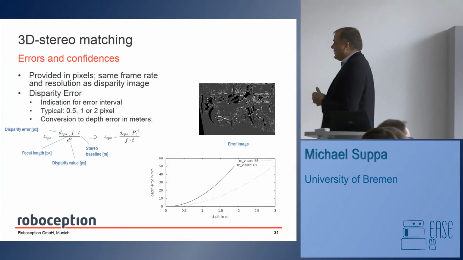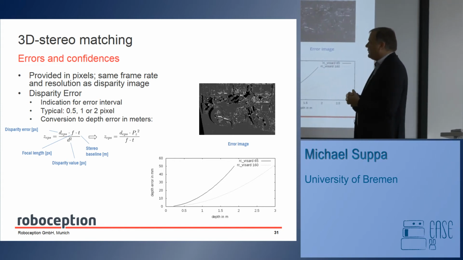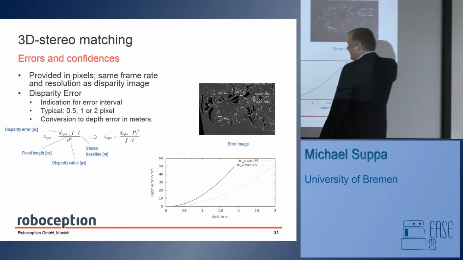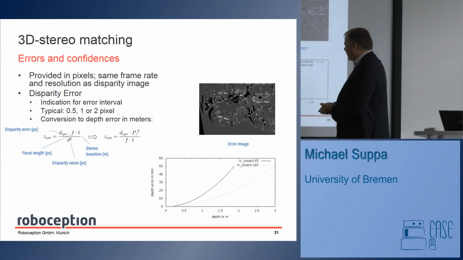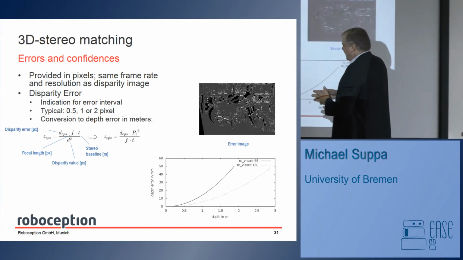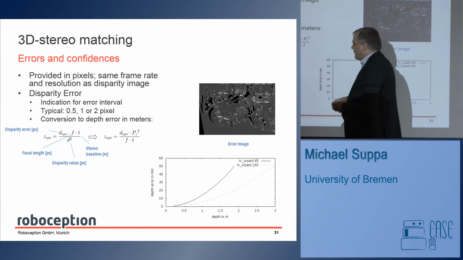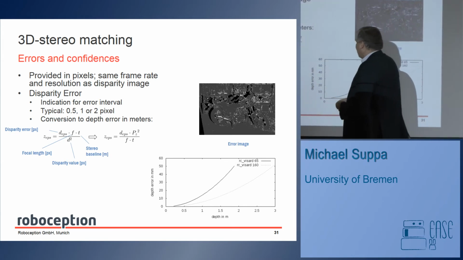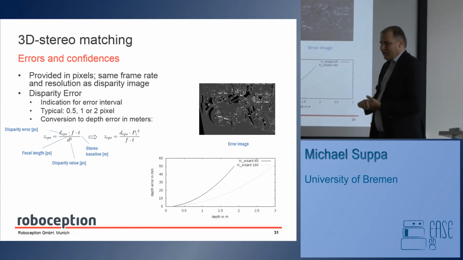The error, if you have a stereo system, goes up quadratically: the further you are away, the more the error goes up. The formula depends on the baseline. You have the disparity value and the focal length, and you see that it's quadratic over the measurement distance, and this can be represented in the error image.